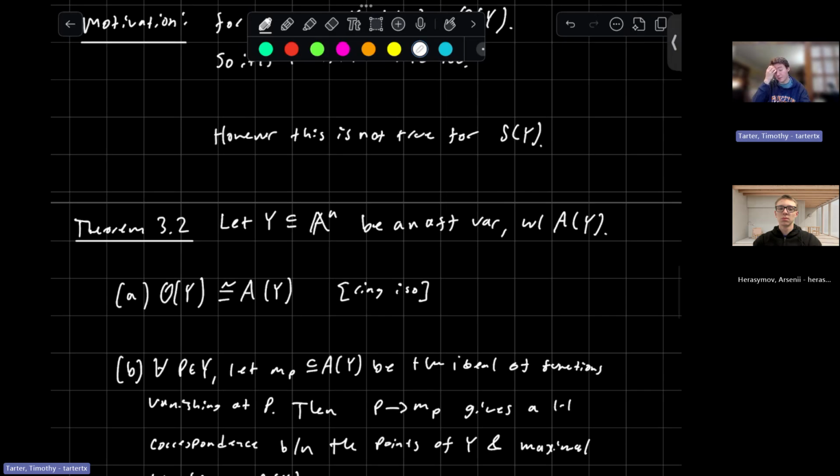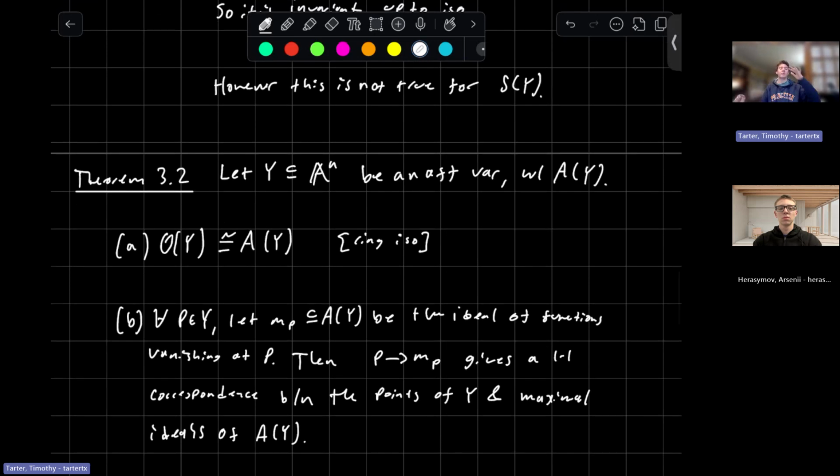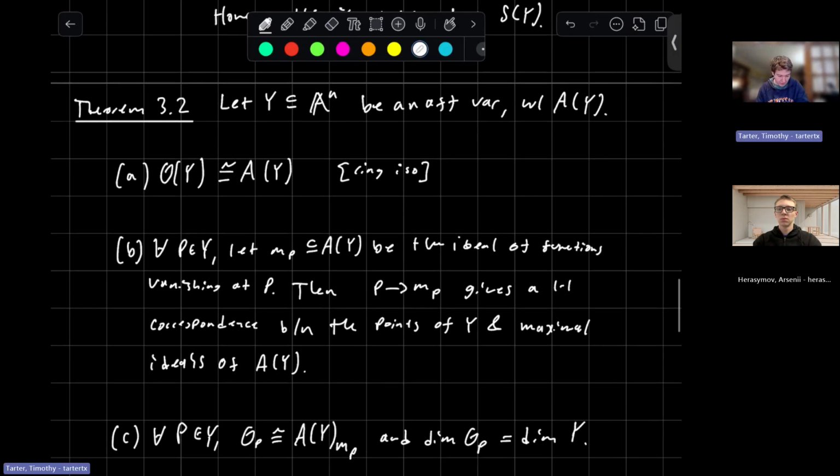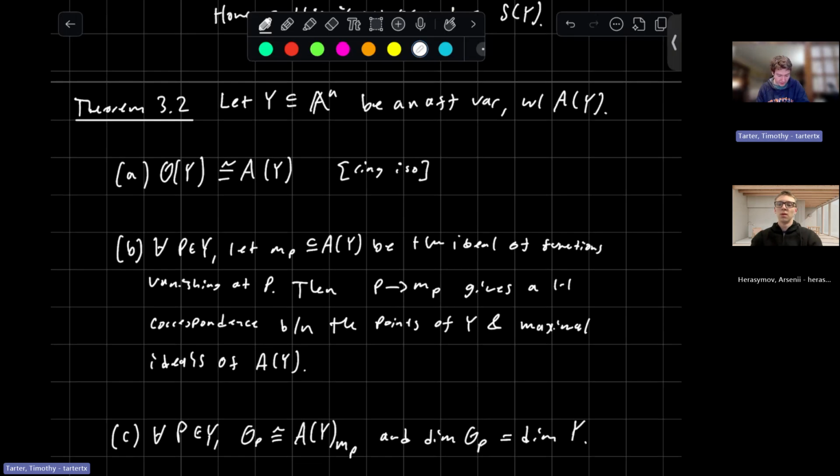The main key difference is that all the functions we're representing in the ring of regular functions on Y are paired with the open subsets that they are regular on. Then we get everything that we want, as far as set containment goes.